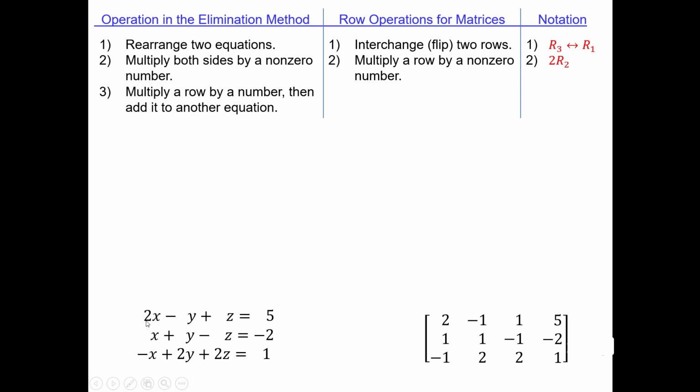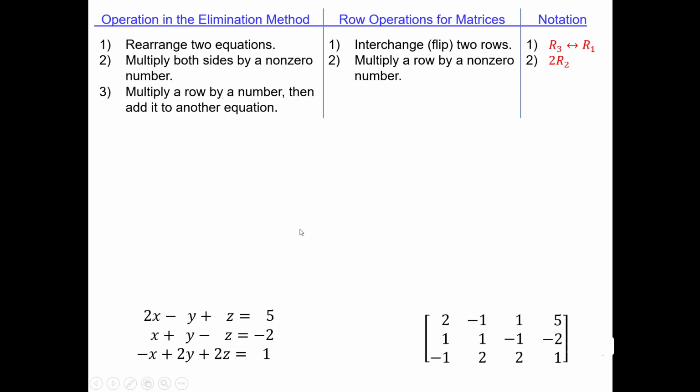Since this already says 2x, I would like this second one to be negative 2x. So the first thing I would do would be multiply this entire equation by negative 2. And then in the next step, I would add these two equations together. So 2x minus 2x would cancel, and then I would combine the y's and the z's and the constants.